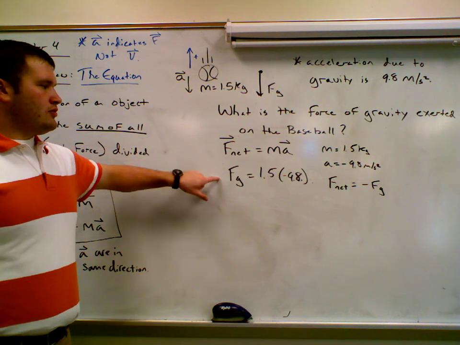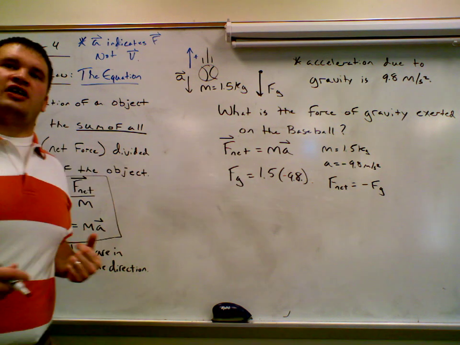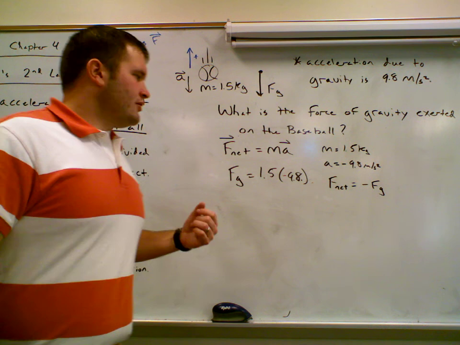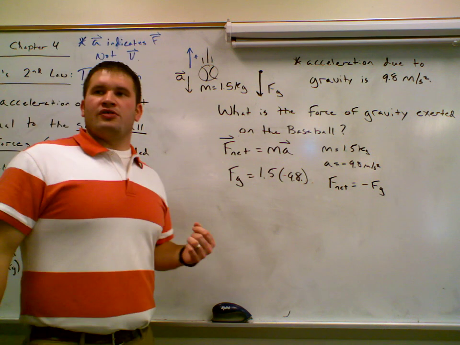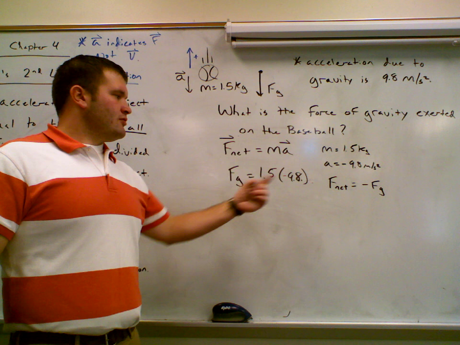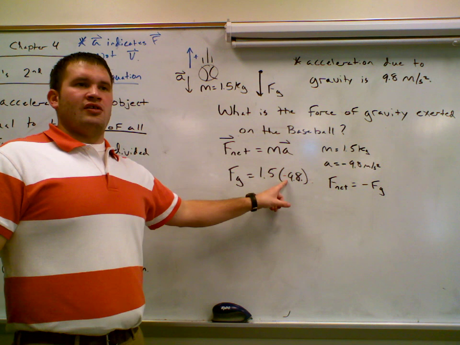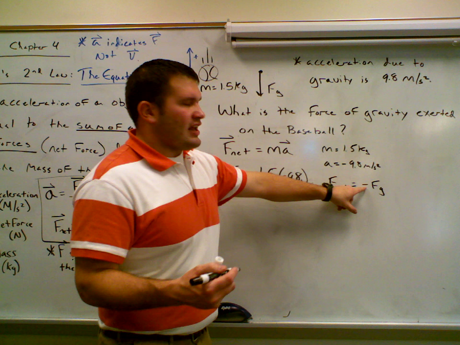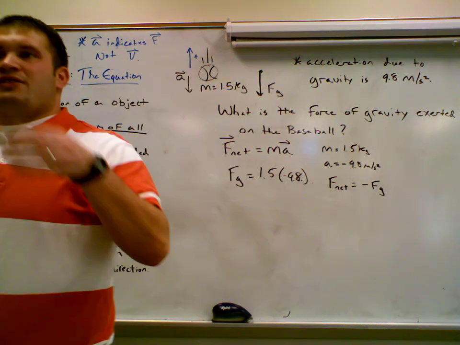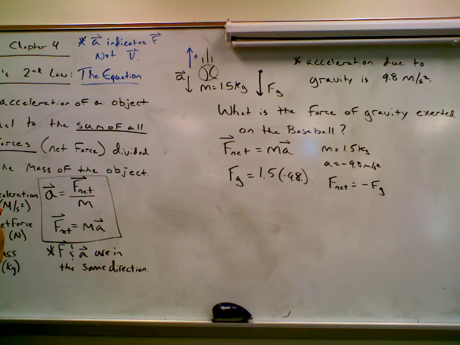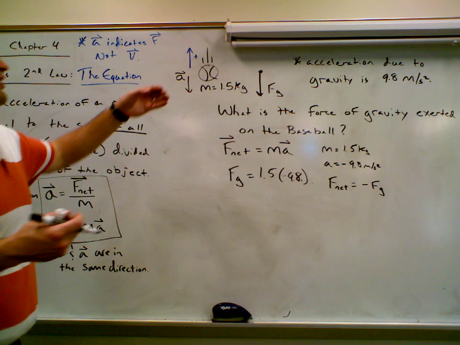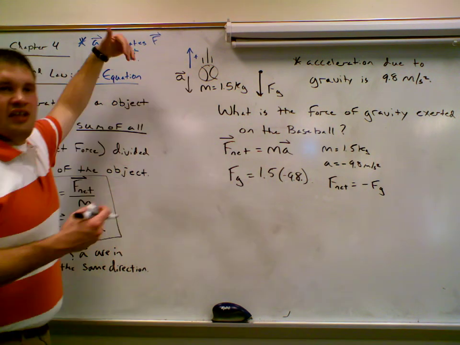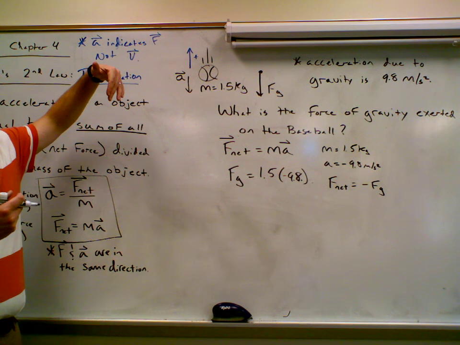What did I leave off here? The negative sign. Why do you think I left off that negative sign? Where do we include the negative sign? The negative 9.8, right? I can only include that negative sign once. Okay? This negative Fg and that negative 9.8, they are telling me the same thing, aren't they? They're telling me that the force of gravity is down and the acceleration is down, right? Okay? I only want to include that once.